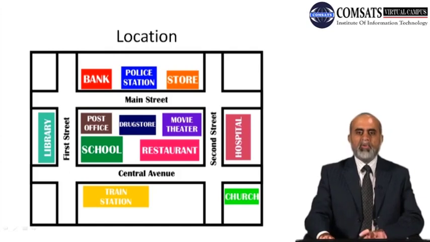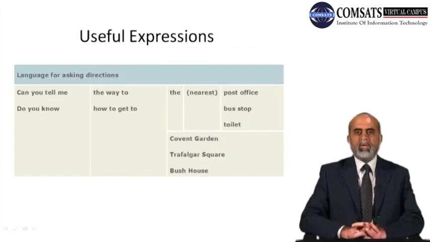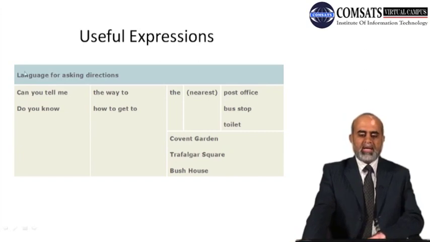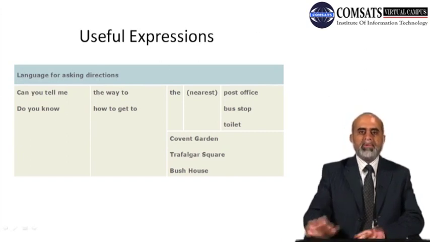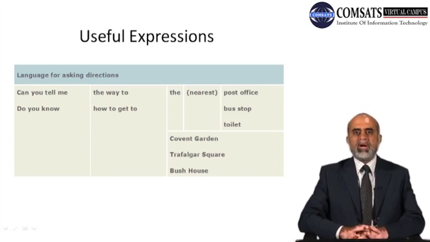Okay, we move on. And we look at some useful phrases or expressions that we can use for asking directions. So if you look at this, it's language for asking directions. So far, we have only practiced language for asking locations, but now we are going to practice language for asking directions.